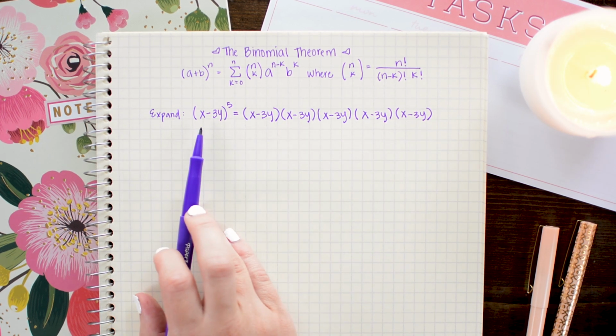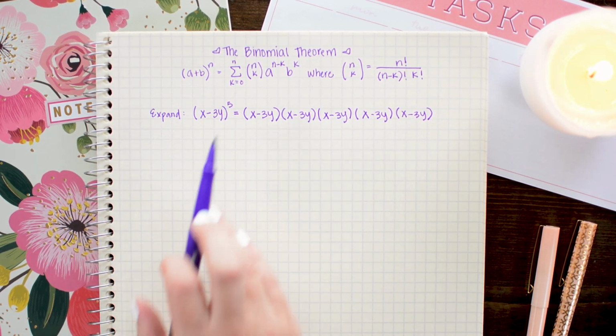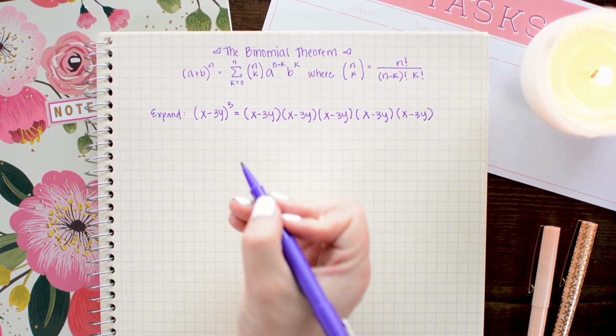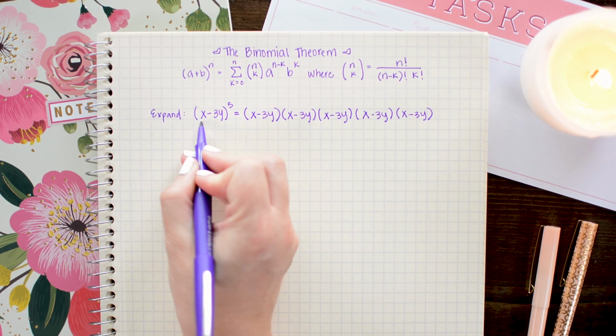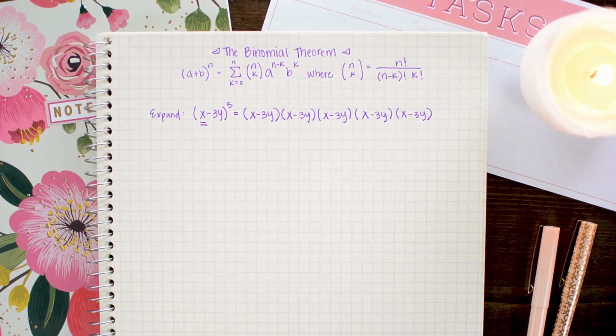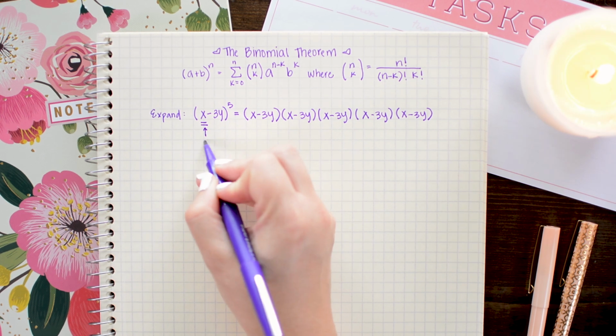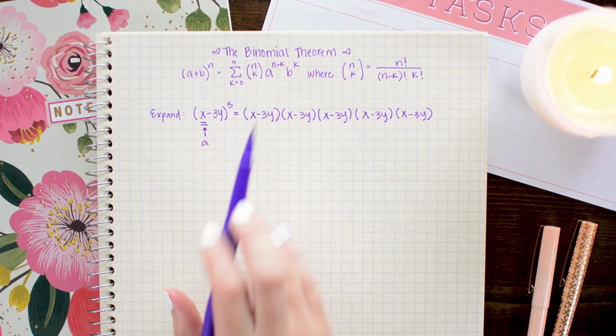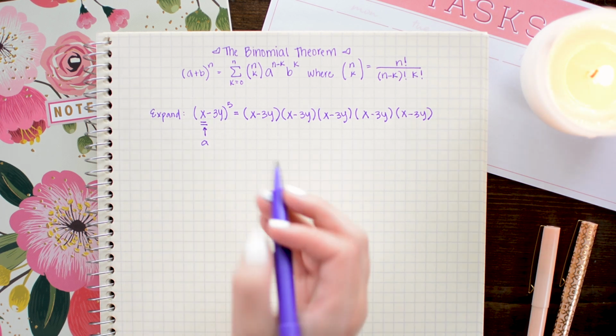So to apply this formula, the first thing I want to do is figure out what my a and b are. So a is the first term. So in my binomial here, a will be x. So I'm just going to write a underneath it. And then my b is going to be negative 3y.